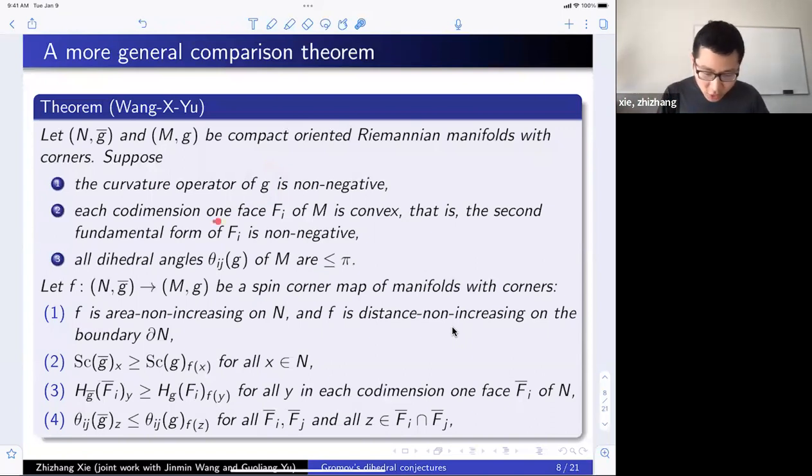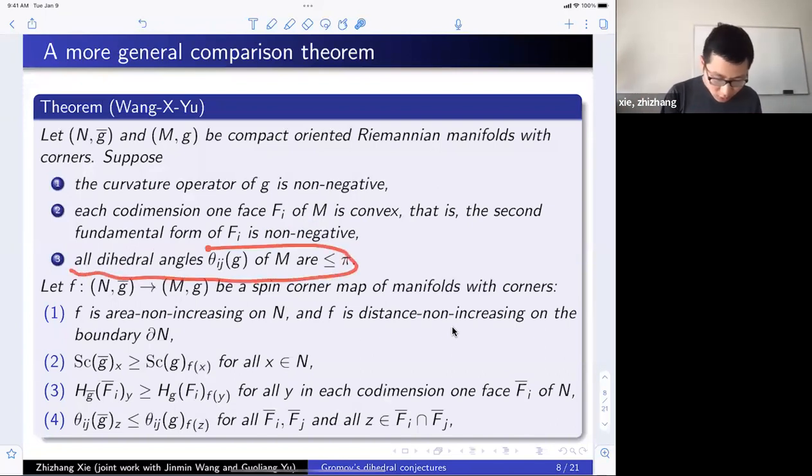And then each codimension 1 face of M is supposed to be convex, in the sense that the second fundamental form on each face of M is assumed to be non-negative. This is like our convex polyhedron. Each face is actually flat, which means in that case the second fundamental form is constantly 0, but here we allow it to be greater than or equal to 0.